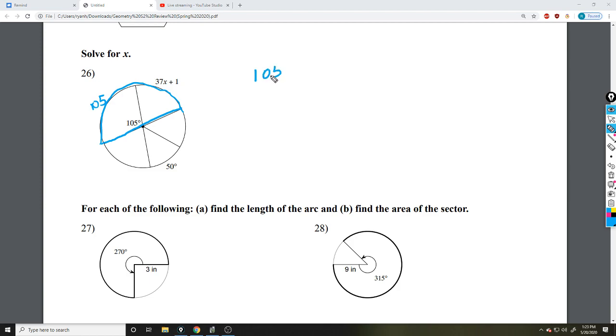So we have 105 plus 37x plus 1, and that adds to 180. Why 180? Because we're going halfway around the circle. All the way around is 360, so halfway around is 180. 105 plus 1 is 106 plus 37x. And now we just need to solve the equation. We're going to subtract.